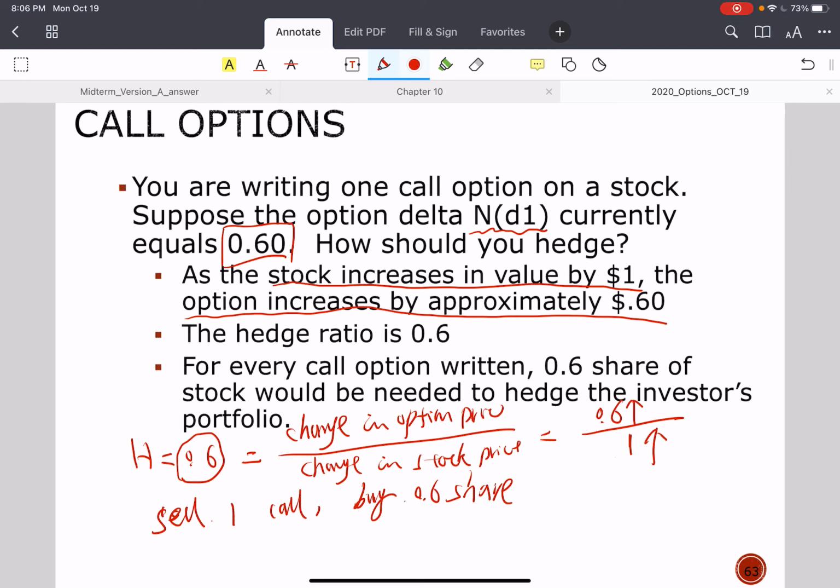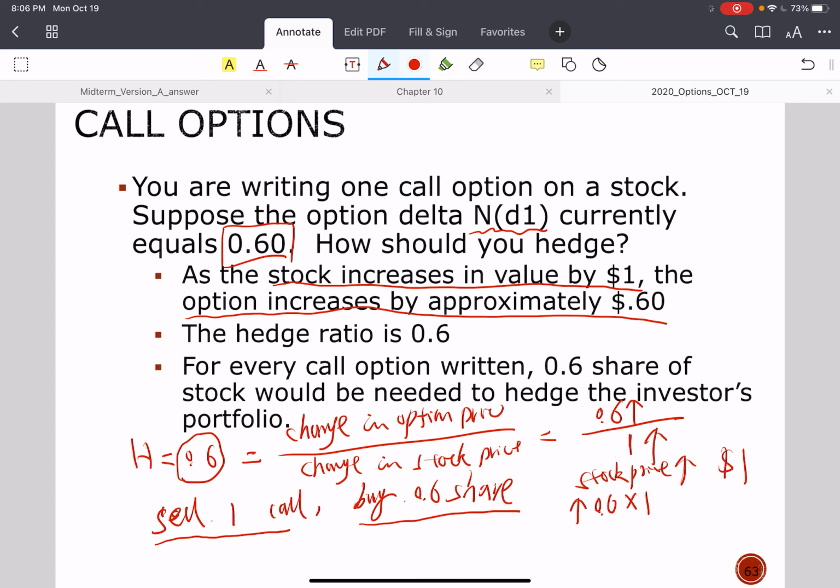Think about this. Let's say the stock price increases by 1. Now you have a short position of 1 call, and you have 0.6 shares. Then you can see that the value of your total position in the stock will increase by 0.6 times 1, right? Because you have only 0.6 shares.